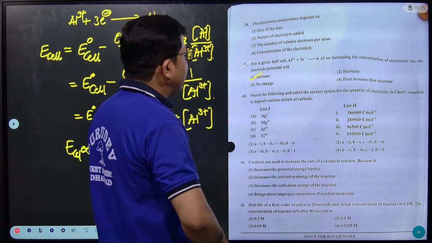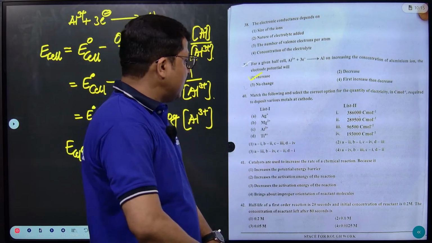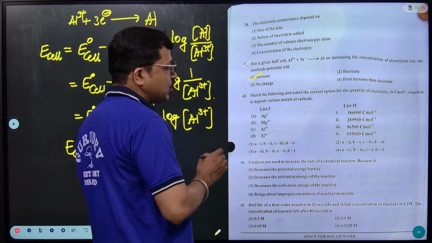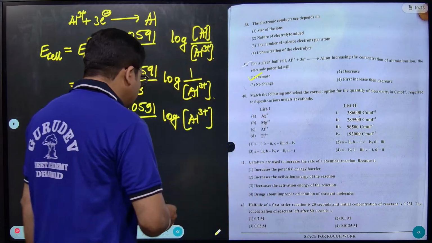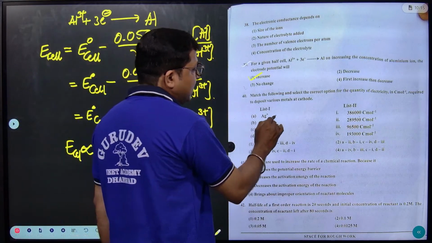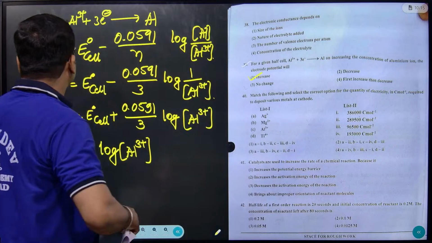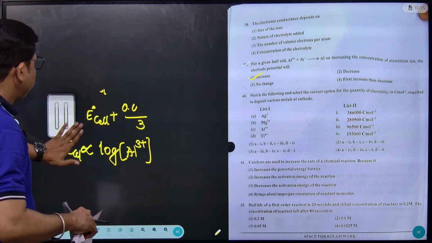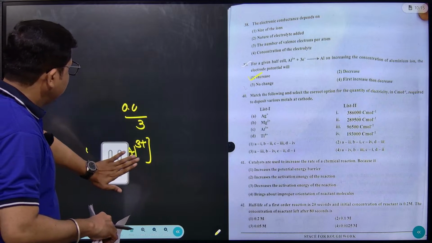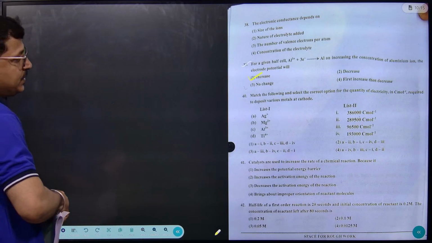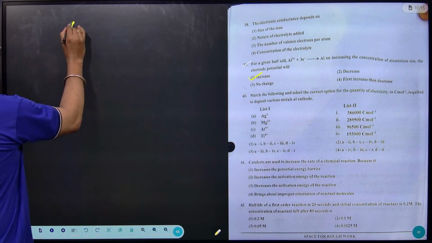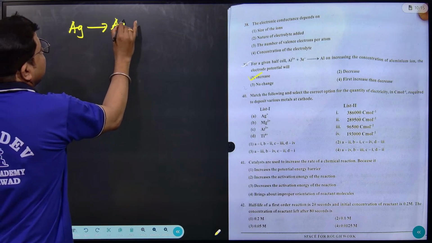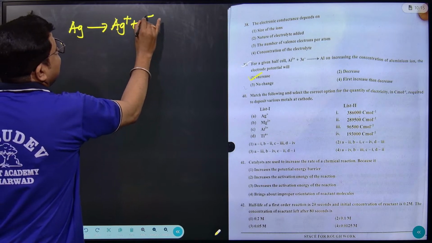See here, they have asked to match the following given options, list 1 with list 2. Ag+ is produced due to, see here, Ag on oxidation gives Ag+ and an electron.